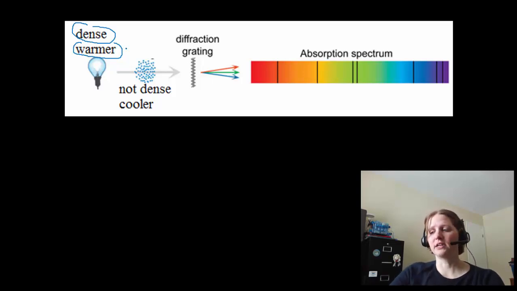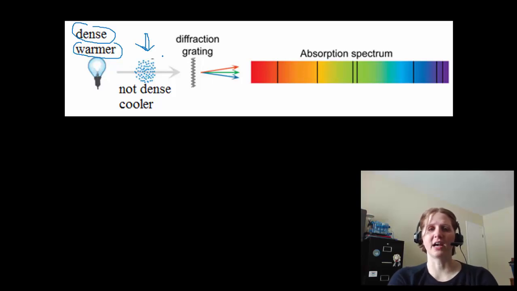That light, before it gets to us, is going to go through a nebula or an atmosphere or something, some cloud of gas. And that cloud of gas is going to be not dense, so not metal, but maybe an atmosphere like air. And it has to be cooler than the background.